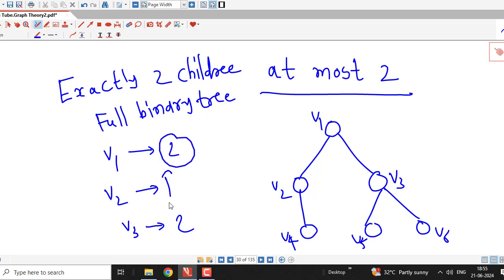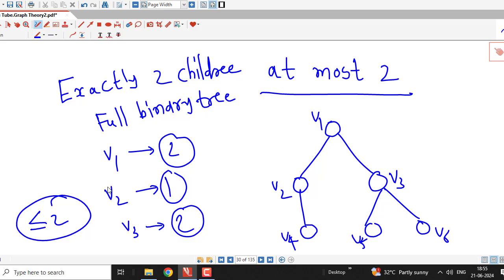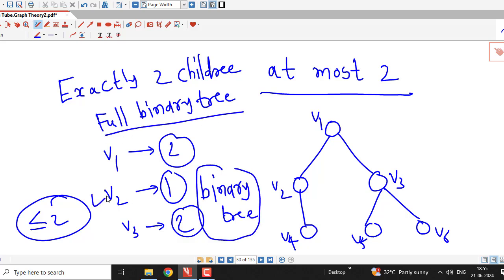Therefore every internal vertex has at most 2 children, or no more than 2 children. Therefore this is an example of a binary tree. But it is not a full binary tree because V2 is not having 2 children.